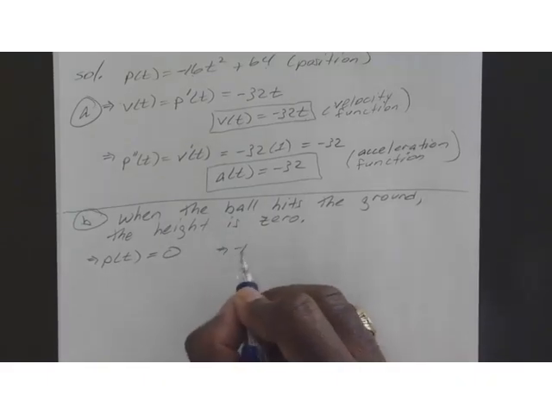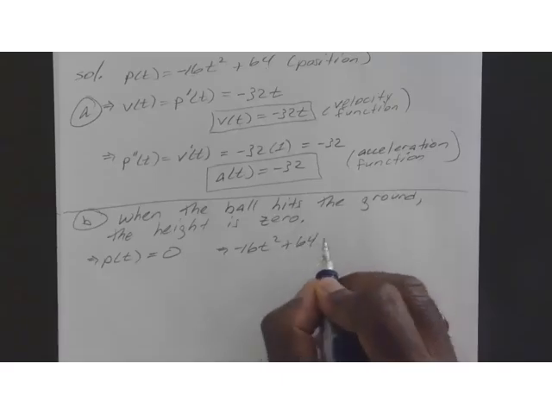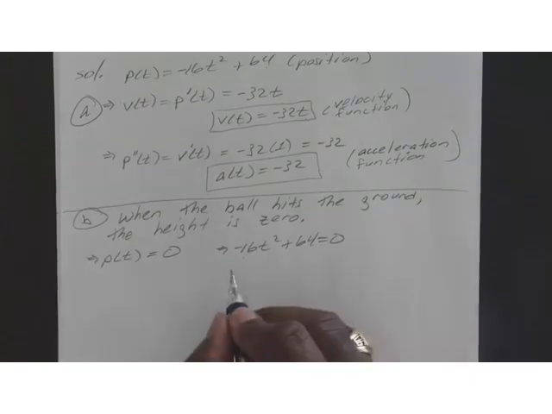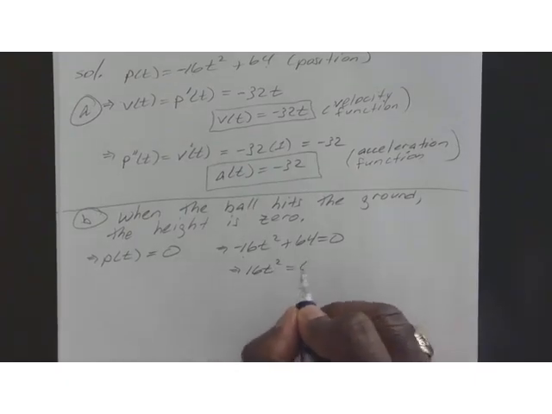So that means when negative 16t squared plus 64 equals 0, the ball is on the ground. So if we add 16t squared to both sides, we get 64 equals 16t squared, or 16t squared equals 64.